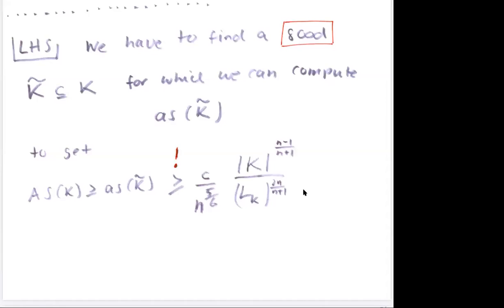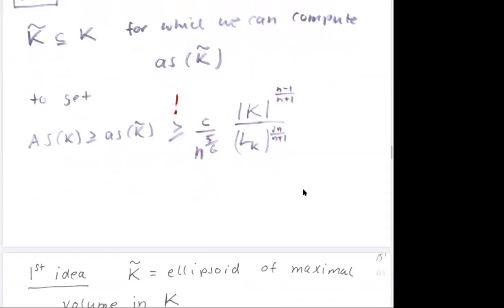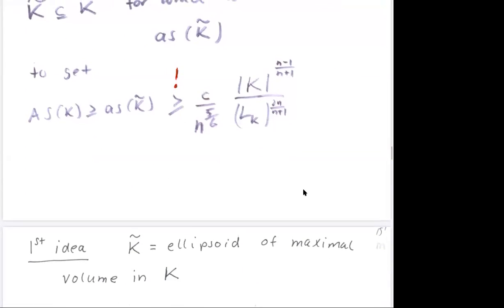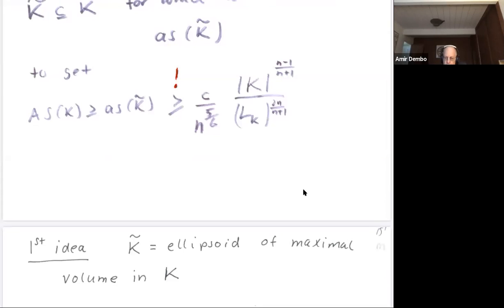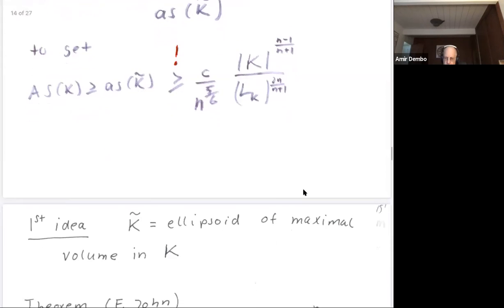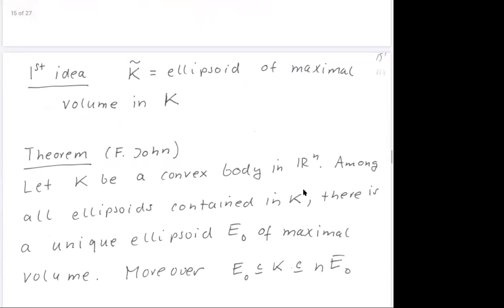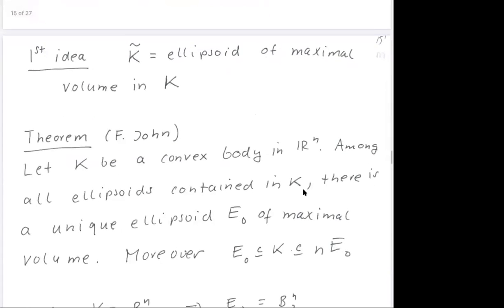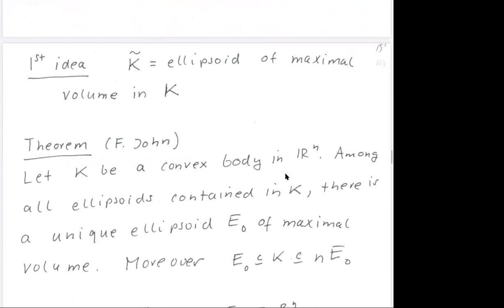So the first natural idea to pick would be maybe if we take as K-twiddle the ellipsoid of maximal volume contained in K. Maybe that would be a good candidate because we know from the affine isoparametric inequality, ellipsoids or unit balls do give us maximal affine surface area.